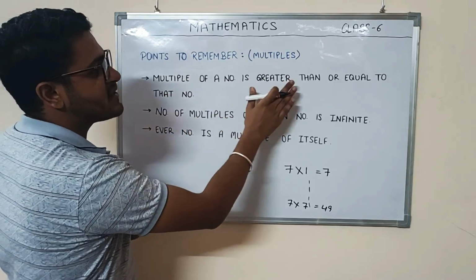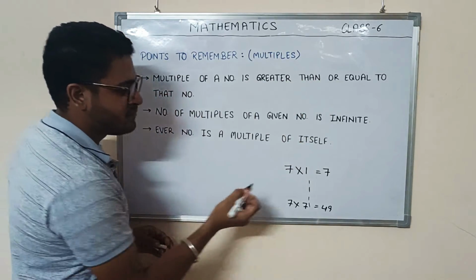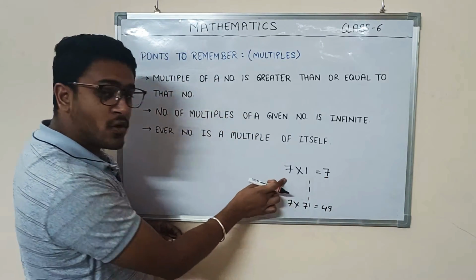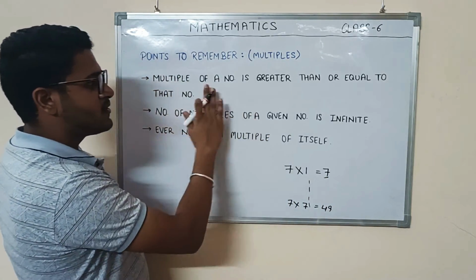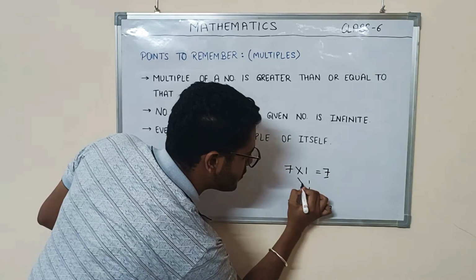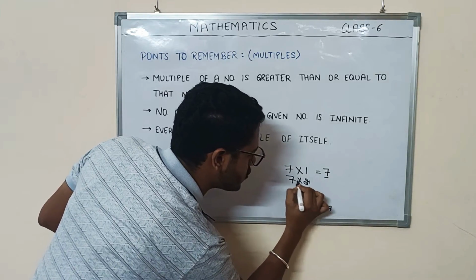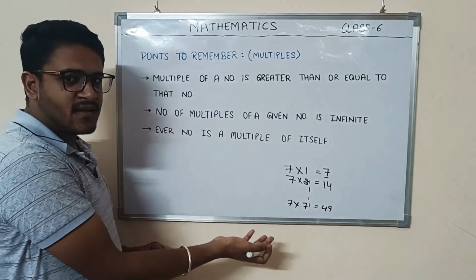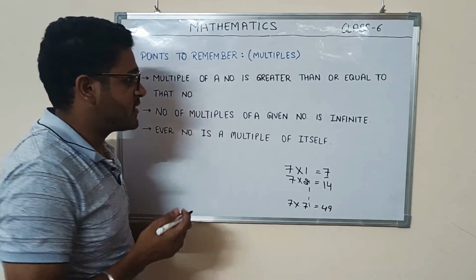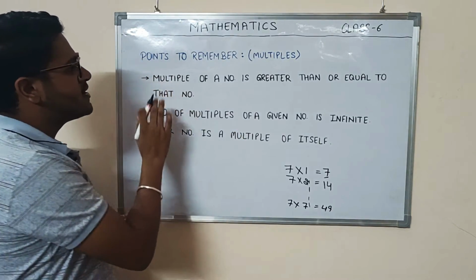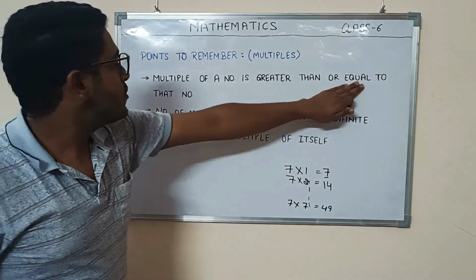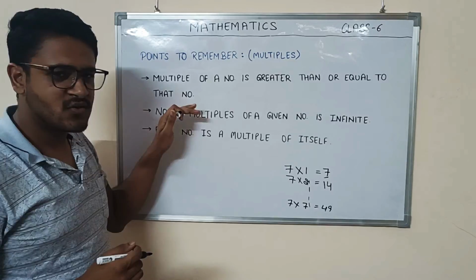A multiple of a number is greater than or equal to that number. So the least multiple is 7 and it is equal to that number, right? Or if I do 7 into 2, it will be 14. Now this is greater than that number but not less than that number. So what it says is, a multiple of a number is greater than or equal to that number. Understood?